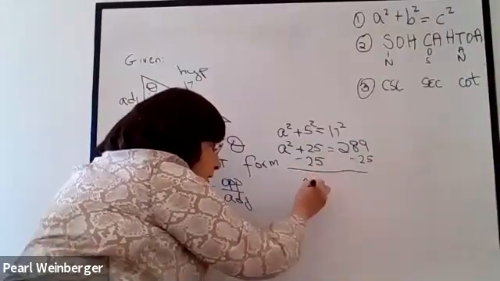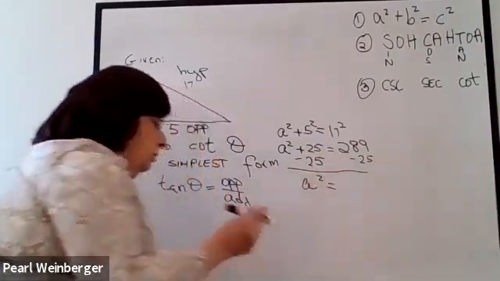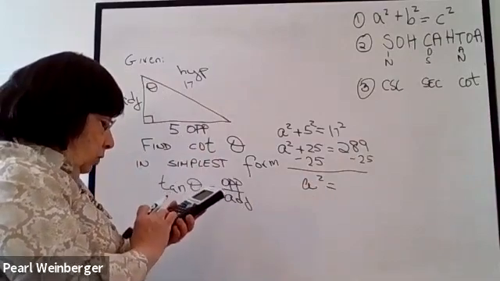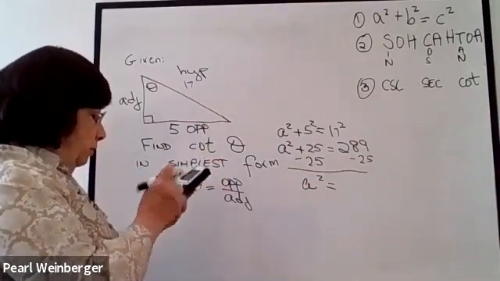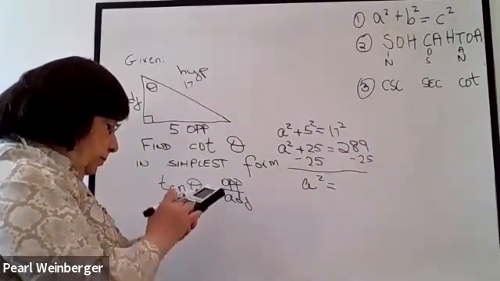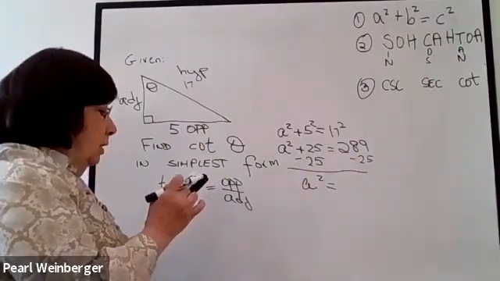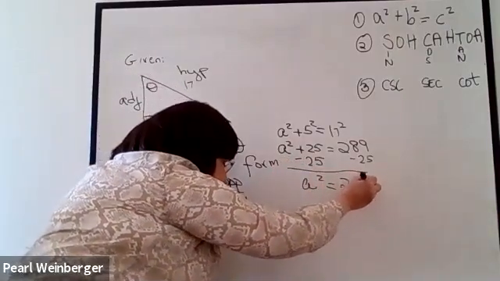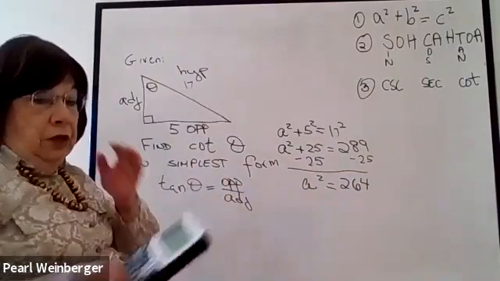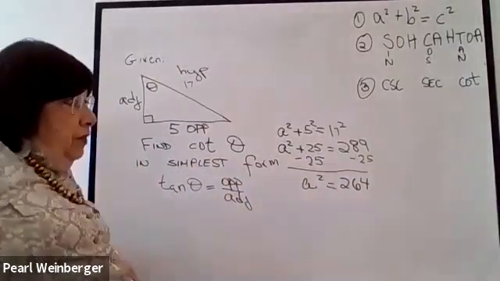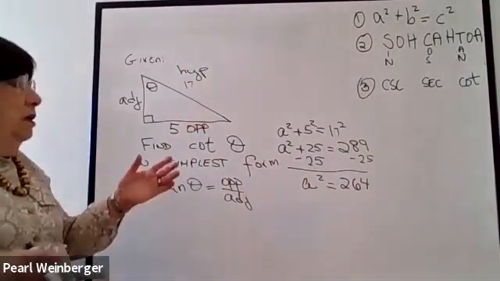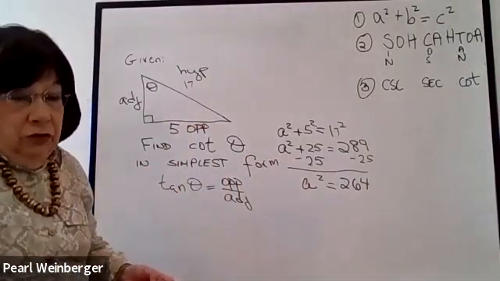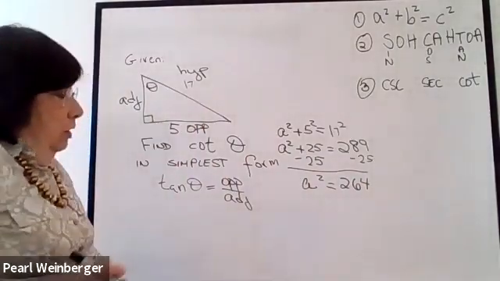So that'll give me that a squared equals 289 minus 25, which gives me 264. If you notice, I am using my calculator. You should be using your calculator for this, because the calculator makes things so much quicker and more accurate.